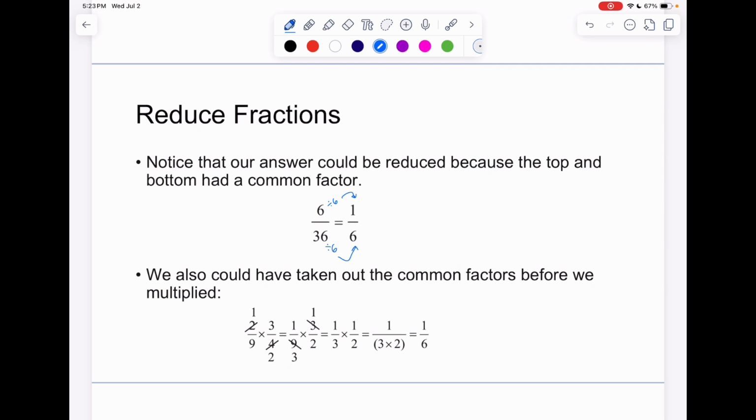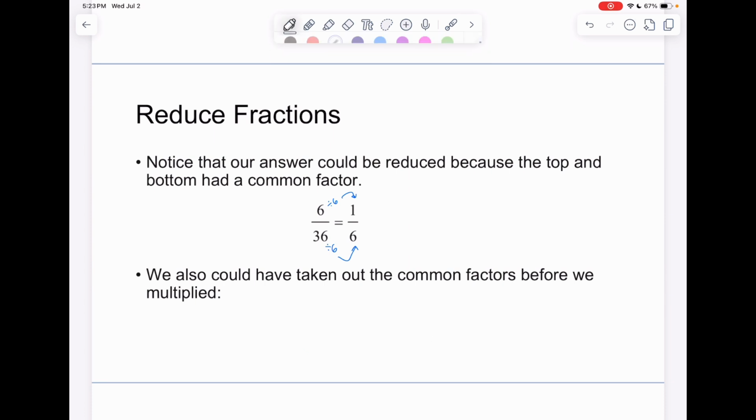When we multiply, we can also take out common factors. I'm going to rewrite this so you can see it in a moment. If we want to multiply fractions, say I have 2 over 9 times 15 over 8, when I multiply these together, I'll get 2 times 15 in my numerator and 9 times 8 in the denominator.